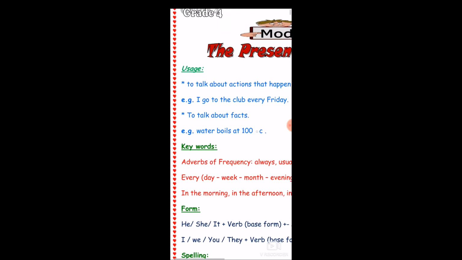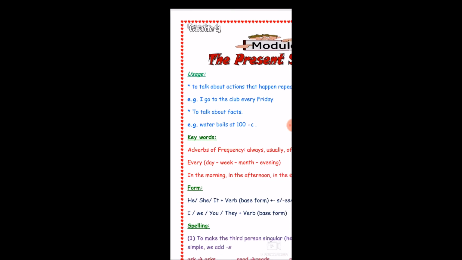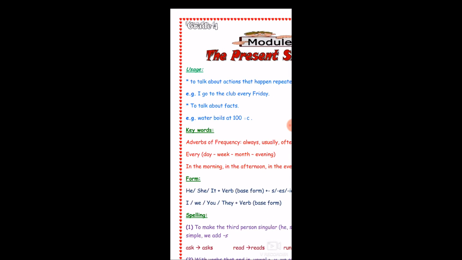Another usage, to talk about facts, something never changed. Like what? Water boils at 100 Celsius. If you heat water on a cooker, when it reaches 100 Celsius, it must boil. So it's a fact. There's no doubt in that. Okay, this is the usage of the present simple tense.